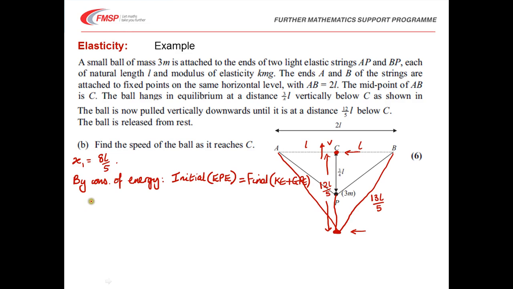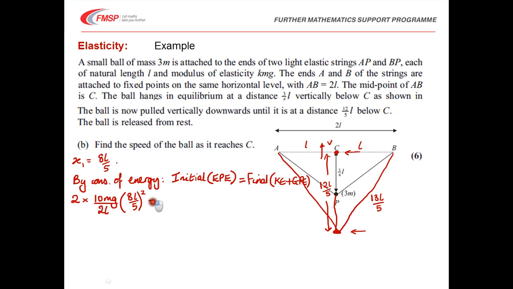You just need to be super careful that you involve all of the values that you need, bearing in mind that there are two strings and that the mass of the particle is 3m rather than just m. So if I'm calculating my elastic potential energy, there are two strings, so I need two lots of lambda x squared over 2L. Lambda is 10mg because we worked out that k equals 10. Our extension is 8L over 5, and we square that, and we divide by 2 times the natural length.